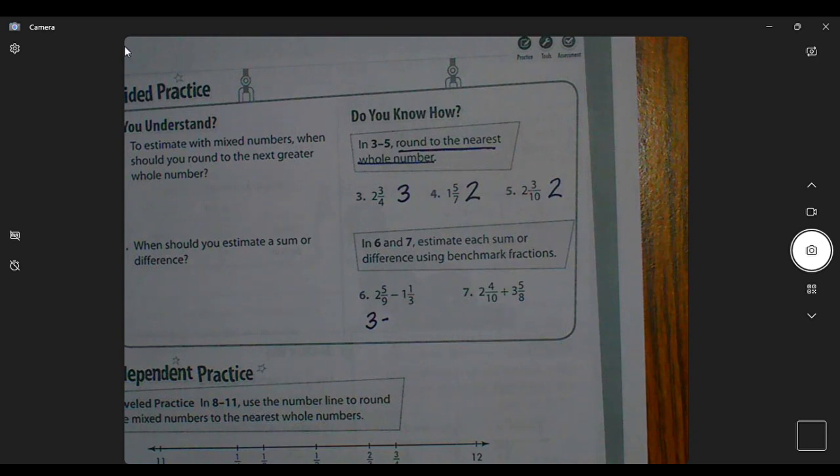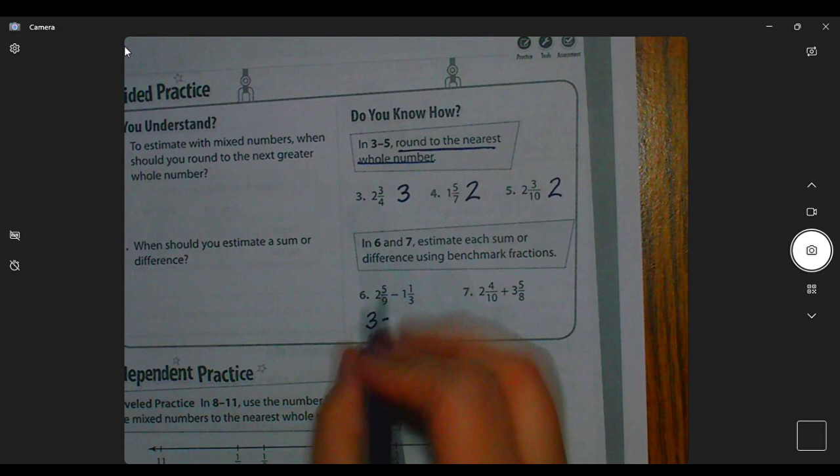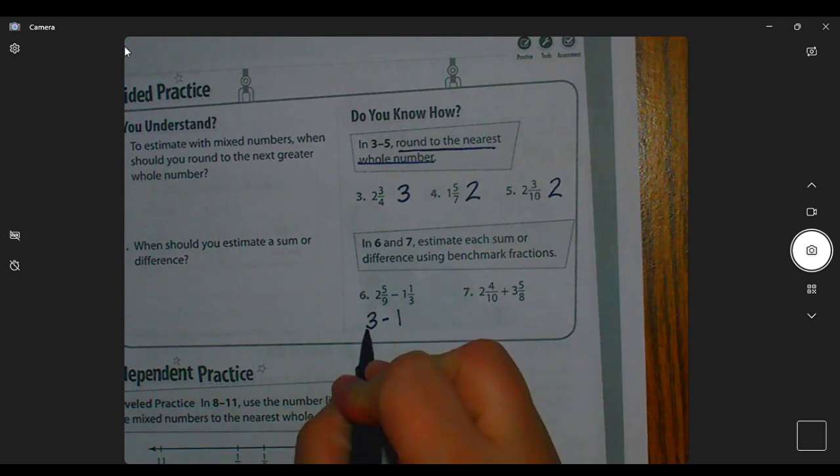If you said 0, you would be correct, because it is only 1 out of 3 pieces being used. So, is 1 and 1/3 closest to 1 or 2? Yeah, it's 1, because I only have 1 extra piece being used out of my fraction. So 3 minus 1 equals 2.